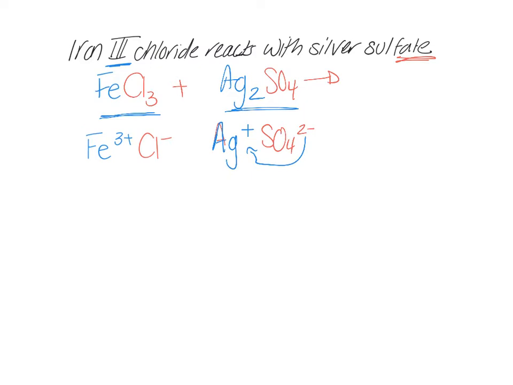So that means that iron is now going to go with sulfate, right? So go back to the drawing board and say, okay, it was iron 3, and now it's going to go with sulfate, which is 2 negative. Make sure that you look these things up, right? Like make sure that you look up what sulfate is, 2 negative.